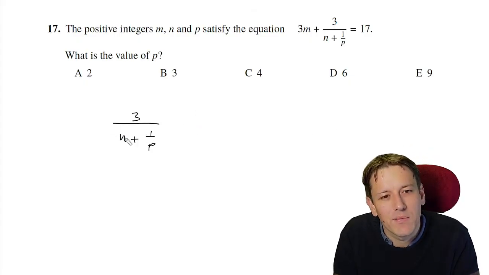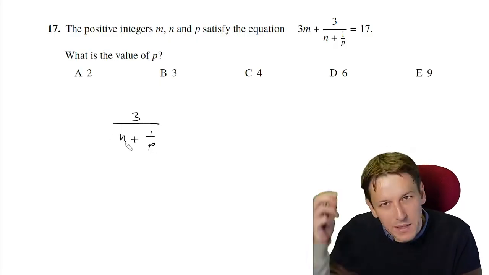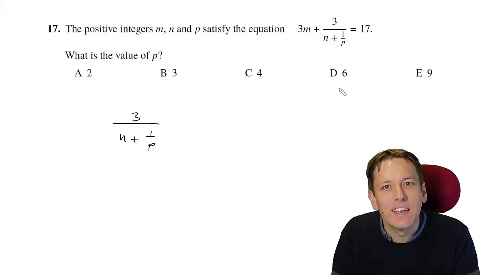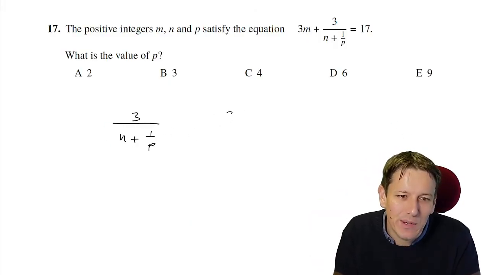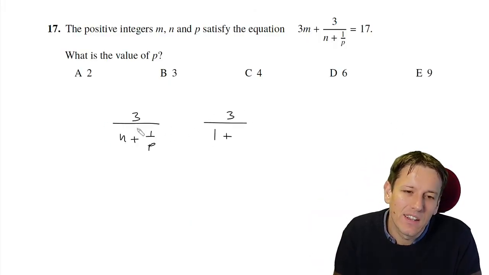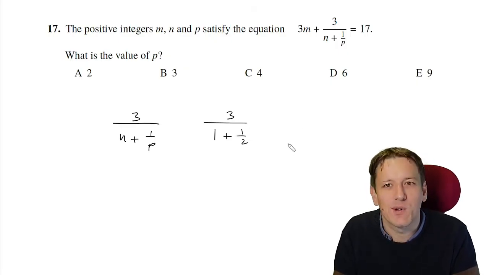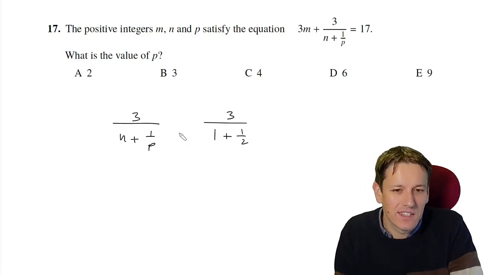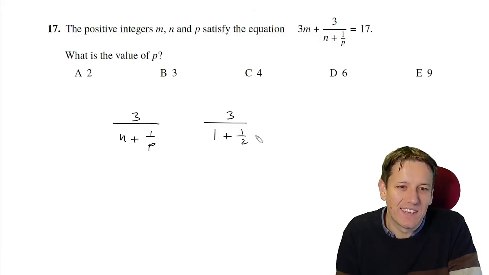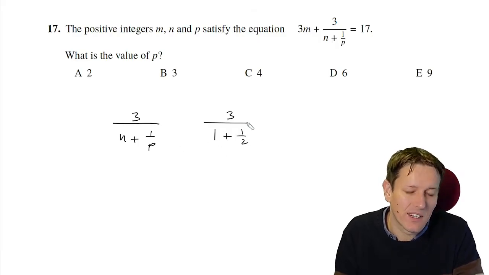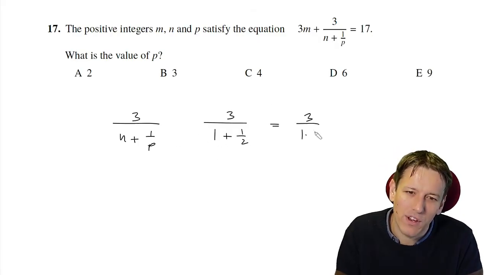And if I make it any bigger, 3 over 3 plus something, 4 plus something, 5 plus something, there's no other way of making this an integer apart from taking n equals 1 here, and then I just have to think of what fraction will make this an integer. Well, it's going to have to be 1/2. I don't know if that's obvious. If you think about different values, you don't have to try too many to work out this. You try 1, it doesn't work, 2, it does work, and then as soon as we've got that, we've got 3 over 1.5 here, which is 2.